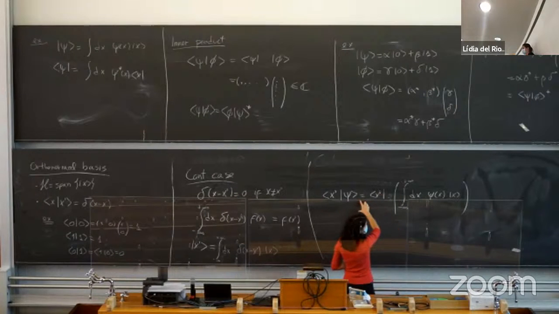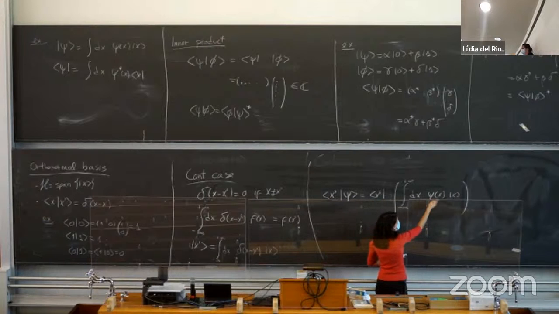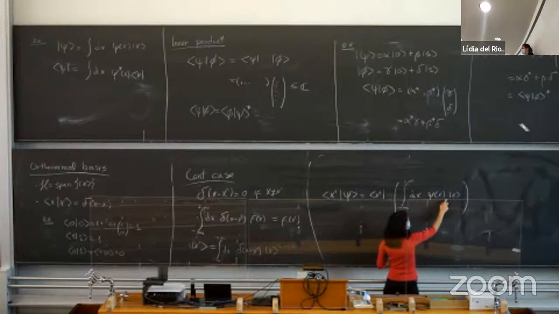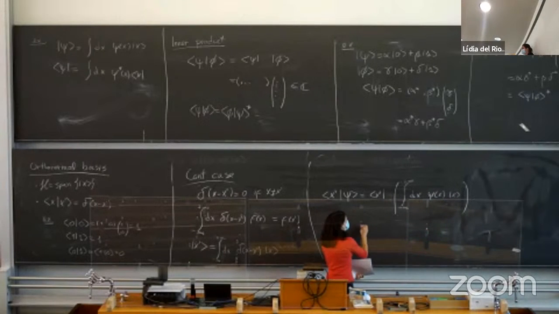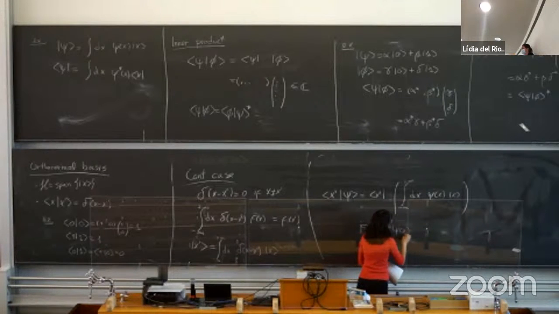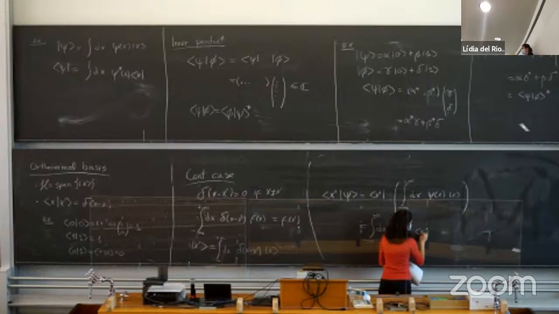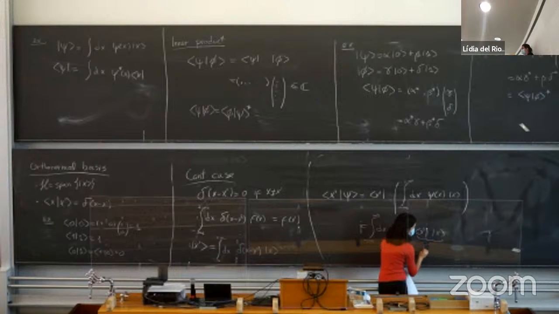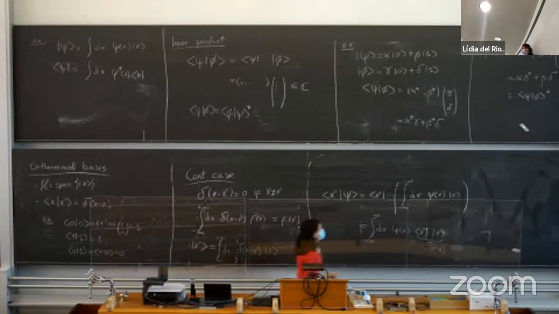This is just a row vector. This is just a complex number, so it doesn't matter. The row vector can commute with it. So in the end, we just have the row vector here. So let me write it: the integral of dx, psi of x, and here goes the inner product of x prime and x that was there before. But now this is an inner product, which you know is this delta of x minus x prime, which means that this whole function just evaluates to psi of x prime.